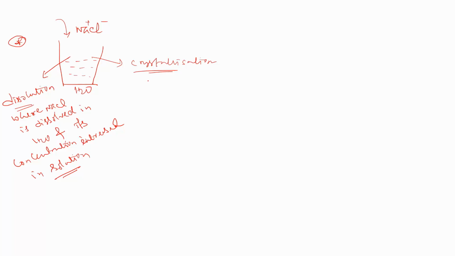Under such condition, the number of solute particles going into the solution will be equal to the number of solute particles separating out, and a state of dynamic equilibrium is reached. What does this mean? When we are adding the NaCl, some solute particles go to the dissolution process, and some solute particles go to the crystallization process.